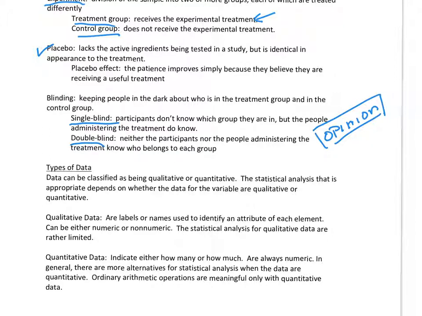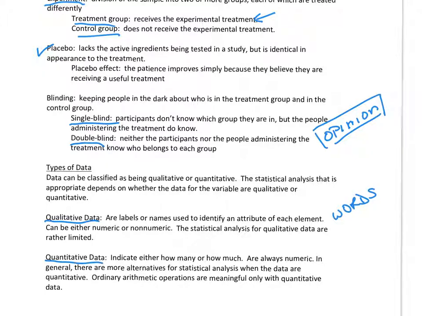Now the last two words. When you collect data, it's one of two types, qualitative or quantitative. Basically, data is the answer to a question. If you want to answer a question in words, that's qualitative data. And I don't have to think any harder about that.